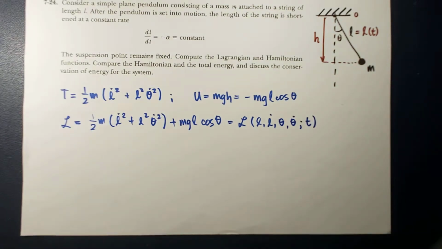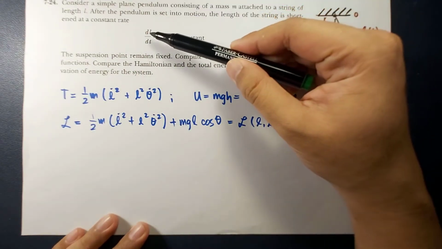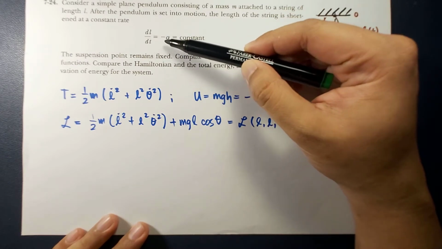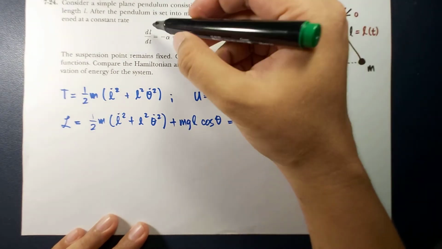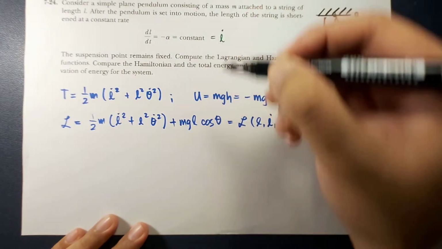However, it's very tempting to write the Lagrangian this way. But as mentioned here, the derivative of L with respect to time is a constant, and this is your L dot.